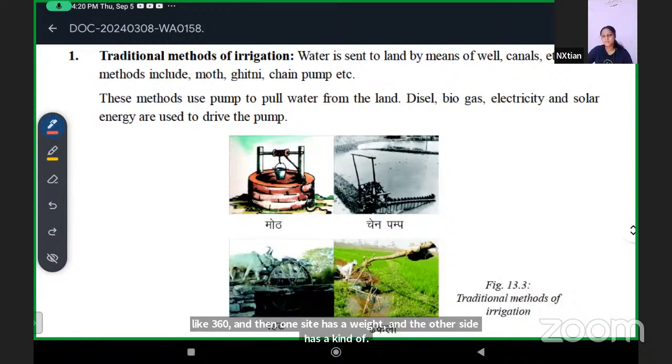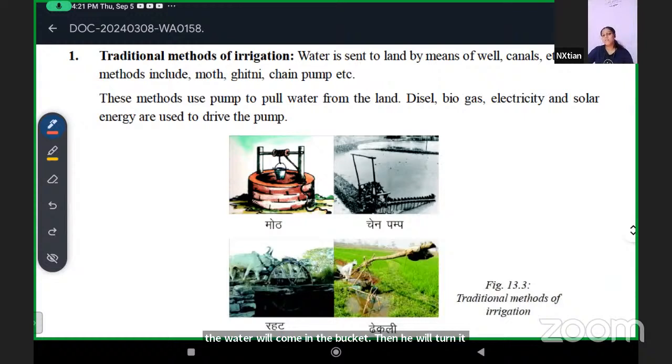The person pushes the weight up so that the bucket goes into the river, and then he lets go and the weight comes down and the water comes into the bucket. Then he turns it around and empties it into the soil. Okay, that is an interesting method.